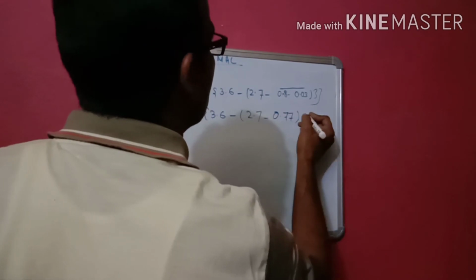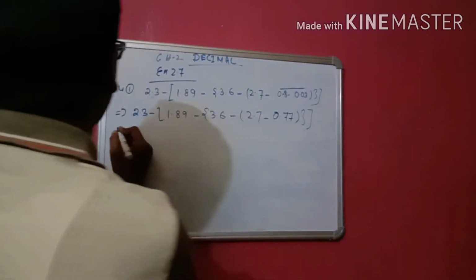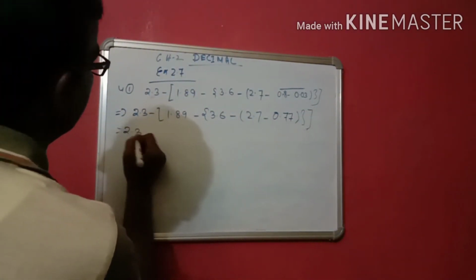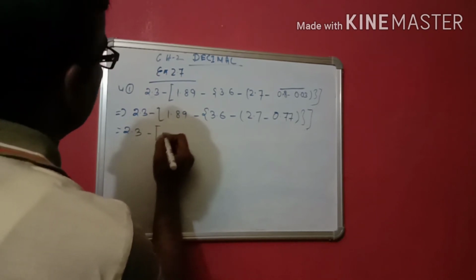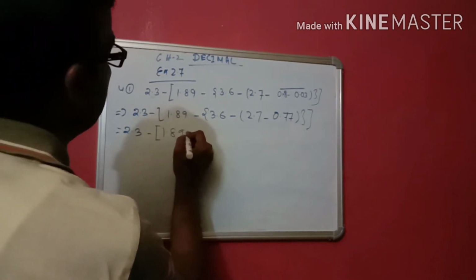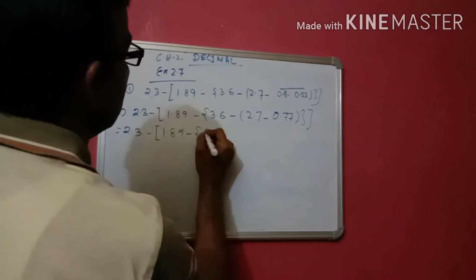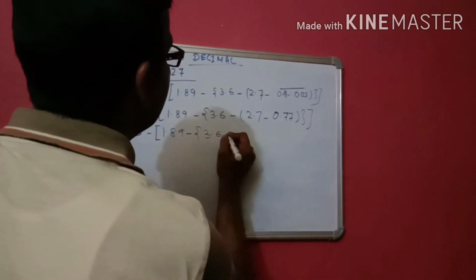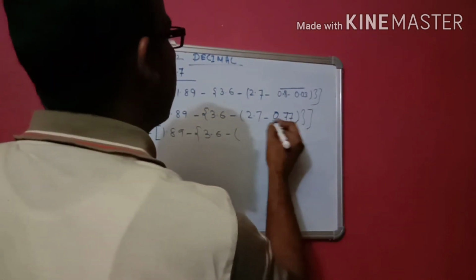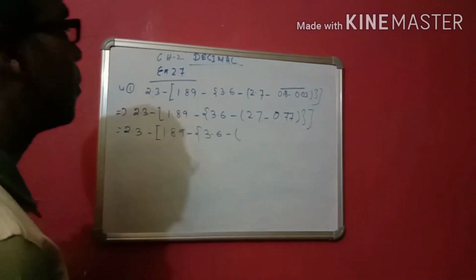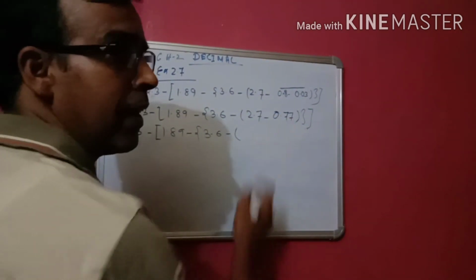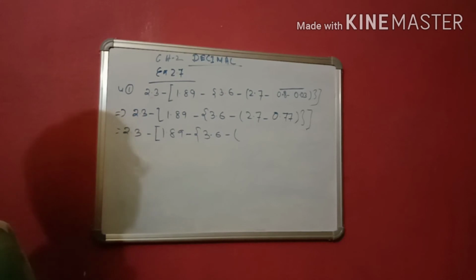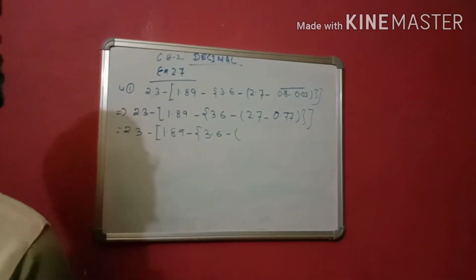Now we have to go for the small bracket work. Now 2.3 minus big bracket 1.89 minus curly bracket 3.6 minus, now we have to subtract this part, 2.7 minus 0.797. Now small bracket work, subtract.